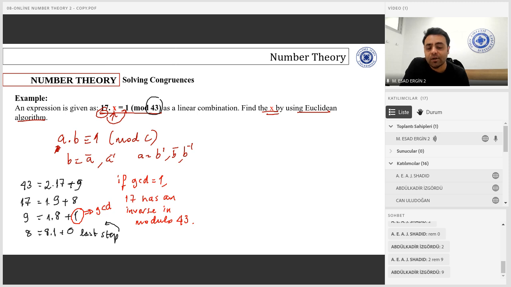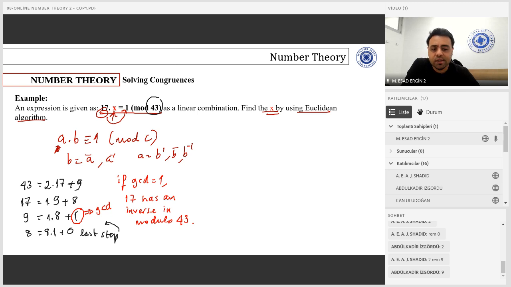But if GCD does not equal 1, it means that there is no inverse. If it equals 1, then we can continue with the same procedure that we have just seen.